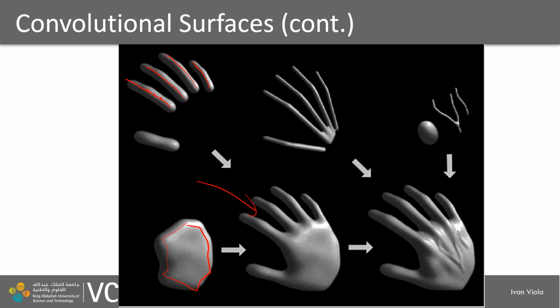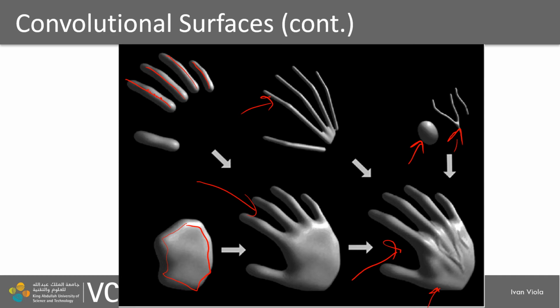Now, if we put some additional skeletal elements and convolutional surfaces thereof, we can have a nice representation of tendons on top of that. And if we add some vascular structures and this bulging muscle between the index finger and the thumb, we can generate a realistic representation of a hand.